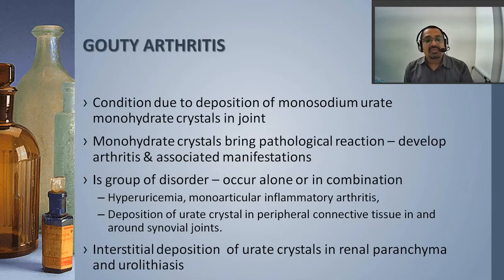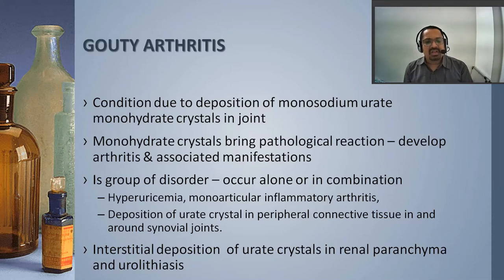It is the condition where there is a deposition of monosodium urate crystals, or simply urate crystals, in the joints. These crystals bring pathological reactions which are found in gouty arthritis, leading to the development of arthritis associated manifestations.